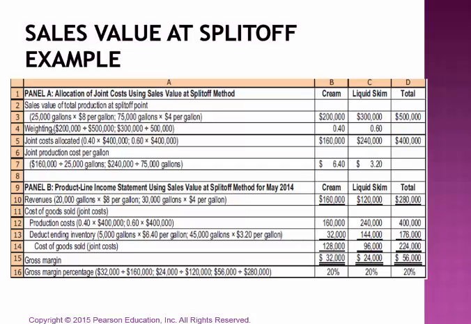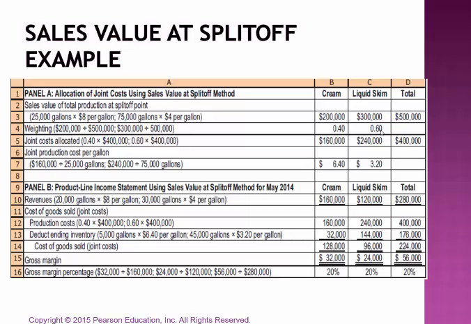Therefore, if we take the sales value of the cream at the split off point, 200,000 divided by 500,000 gives us 40%. And then for the liquid skim, 300,000 divided by 500,000 is of course the remaining 60%.